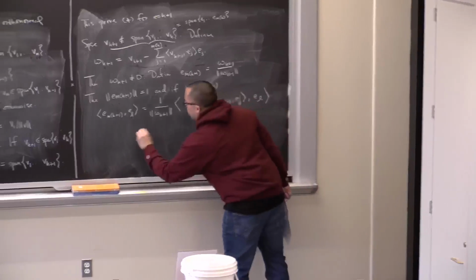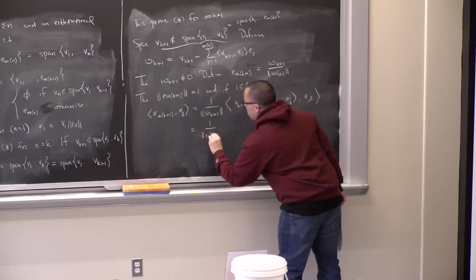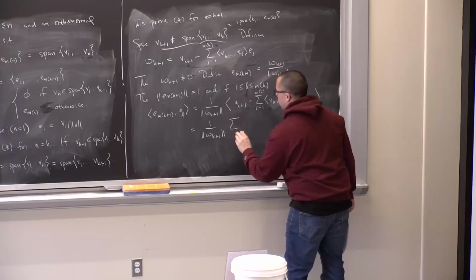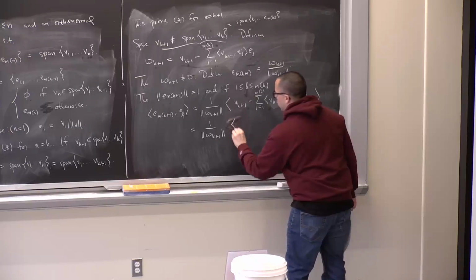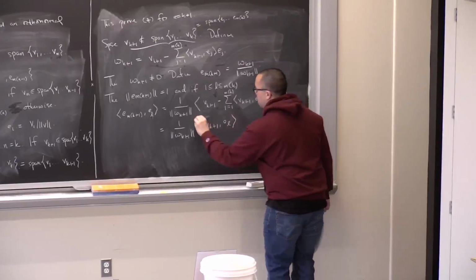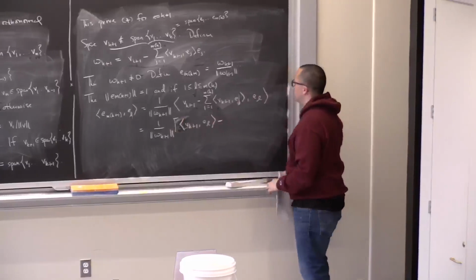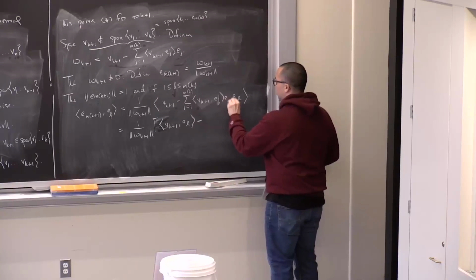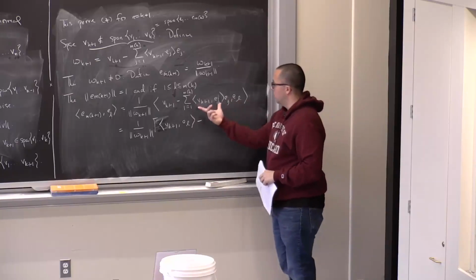And I get 1 over the length times v sub k plus 1 with E sub L, minus now E sub L inner product with the sum, right?